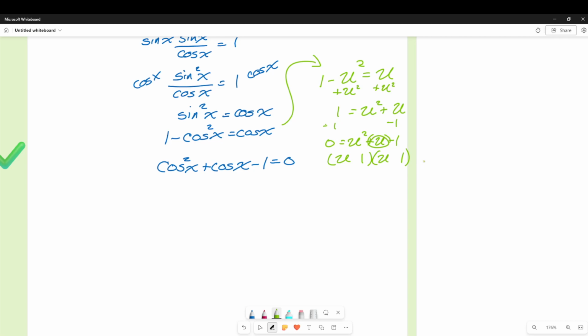Gosh, I'd hate to use the quadratic formula on this, but if that's what it takes, then u would equal -1 plus or minus the square root of 1 minus 4 times 1 times -1, all over 2. That's ugly. So u equals -1 plus or minus the square root of 5 over 2.